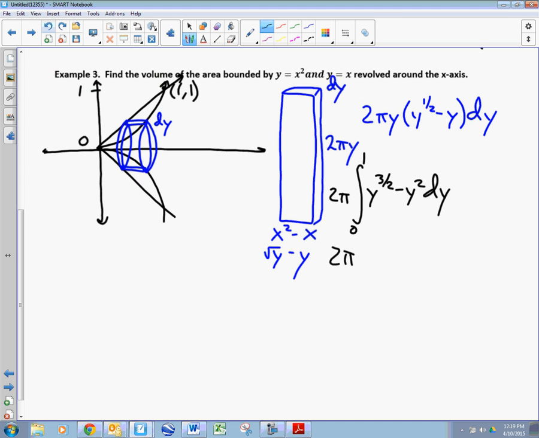2 pi times, what's the antiderivative of y to the 3/2? 2y to the 5/2 over 5 minus y to the 3rd over 3.